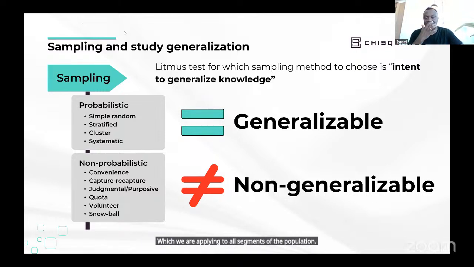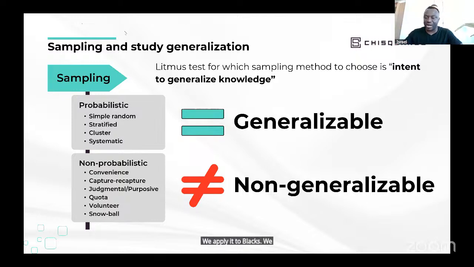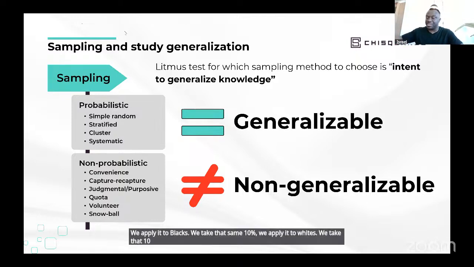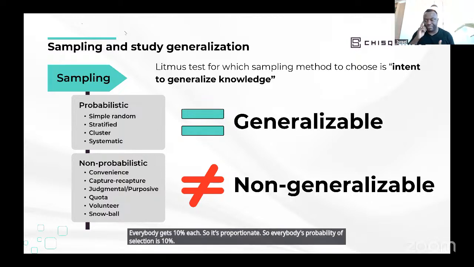So the sampling fraction could be saying, oh, we want to sample 10% of the population in each stratum, right? So we take that 10%, we apply it to Blacks, we take that same 10%, we apply it to whites, we take that 10%, we apply it to Hispanics, right? Everybody gets 10% each. So it's proportionate. So everybody's probability of selection is 10%, equal selection probability.